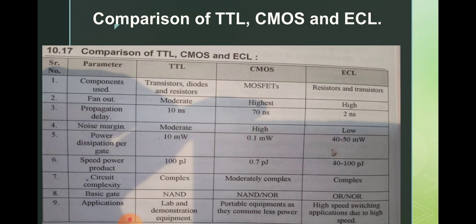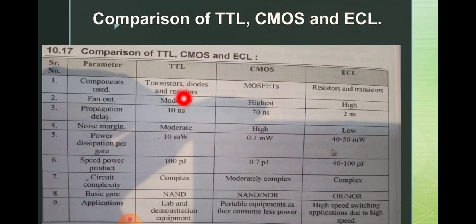Now let us see the comparison of TTL, CMOS and ECL. To compare these three technologies, what is meant by TTL? This is a fabrication technology of IC, known as transistor-transistor logic, complementary metal oxide semiconductor, and emitter coupled logic. So these three logics are used for the fabrication of ICs.